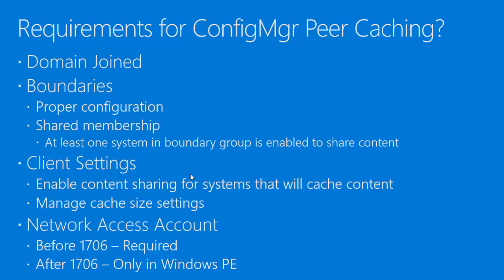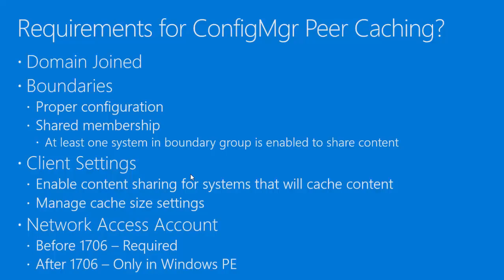Now, I mentioned think through which ones that should be. A few things to think through. These systems that are going to act as content source peers should be on all the time and available. They should have large amounts of disk space that are available to store content. They should have good connections available. So with the server OS, that can be unlimited. For a workstation OS, there are 20 connections typically inbound to a workstation OS at a given time.